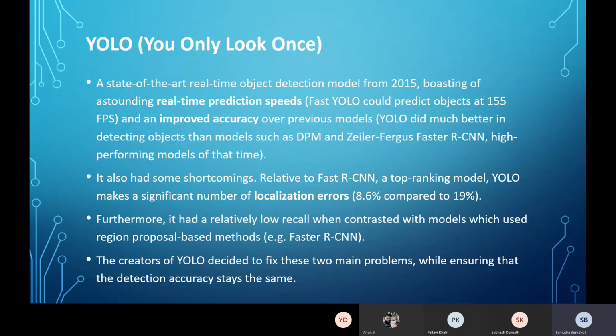As you can see, it could predict objects at 155 frames per second. And it had improved accuracy compared to the other models released at that time, such as faster RCNN. But it also had some shortcomings. Although it was fast, the accuracy was sometimes lower compared to the other models.